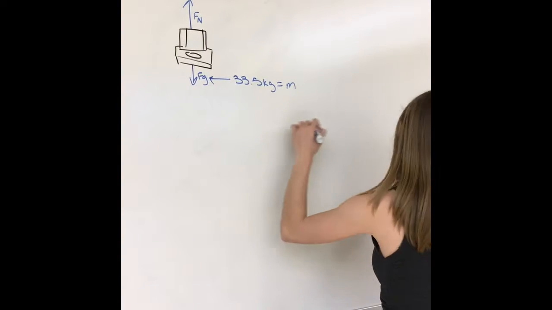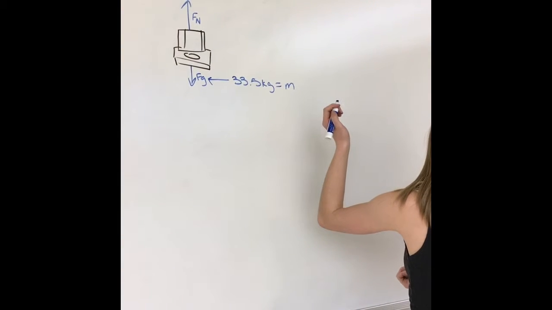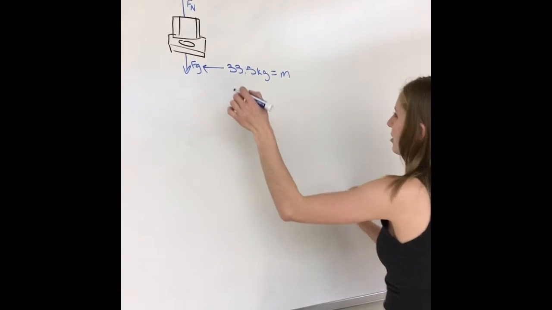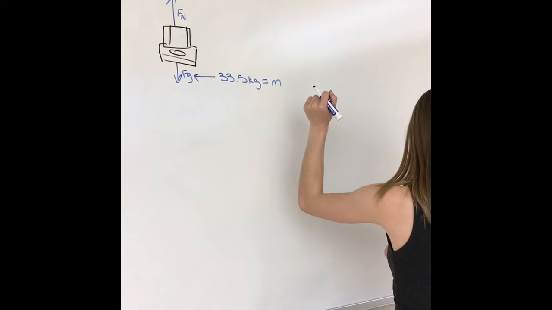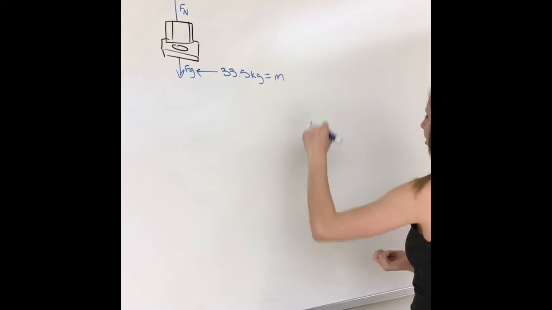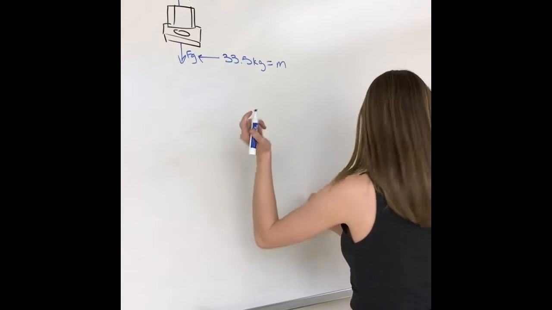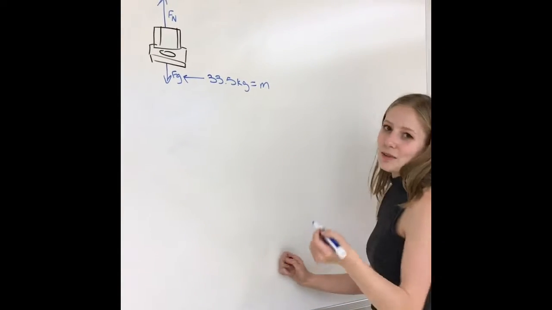So to find the mass, we're going to use net force equals mass times acceleration. Well, actually, no, we're going to use the force of gravity equals mass times gravity. That's what I meant to say.